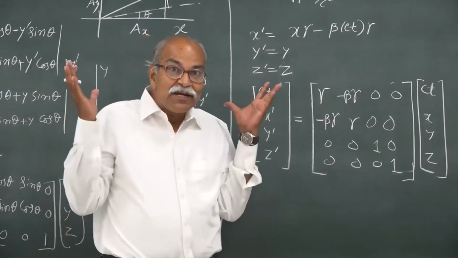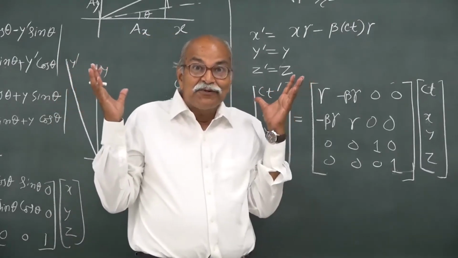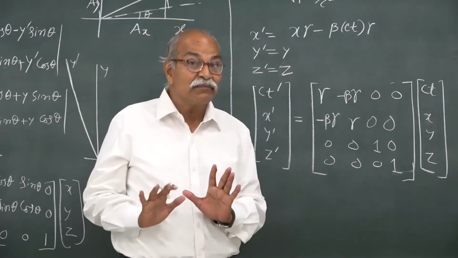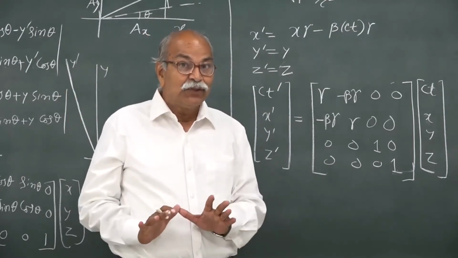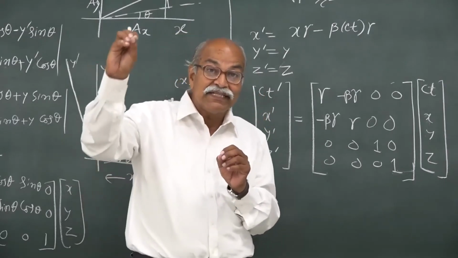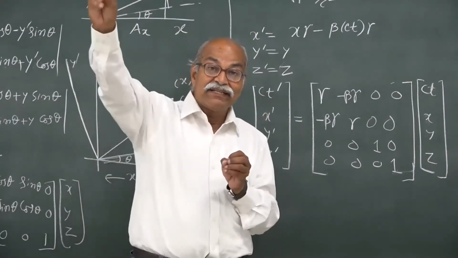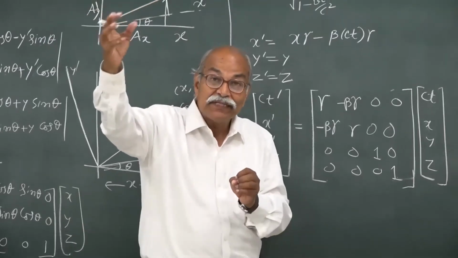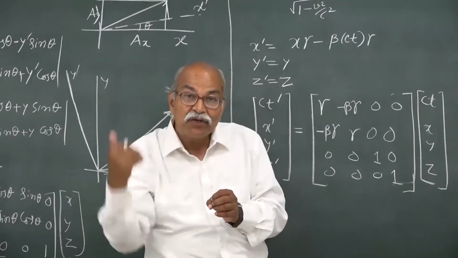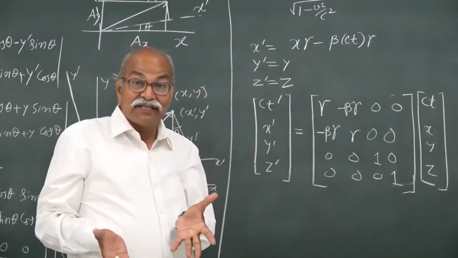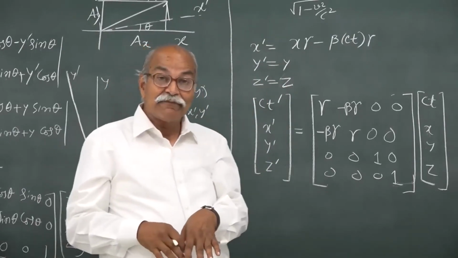So, that is the kind of idea to try to conceive. It is an abstract idea. It is a mathematical representation only. So, try to conceive, you have a single vector for an event, we call it a space time vector. Space coordinates and time coordinates are components of this when you are in the S frame.